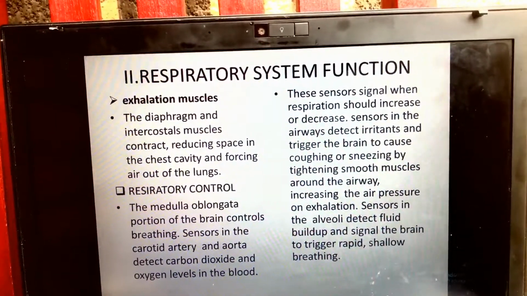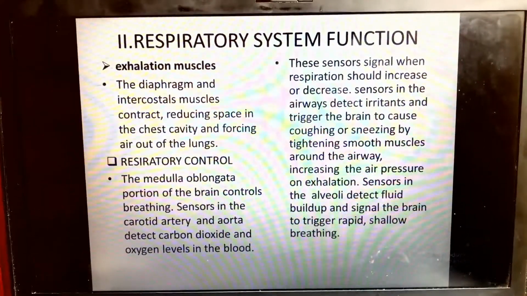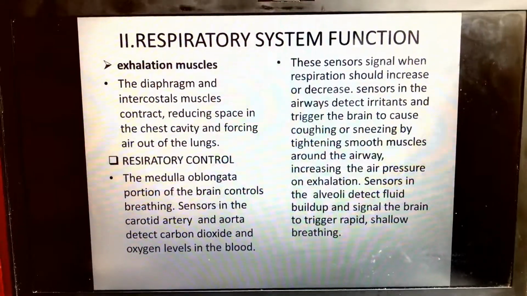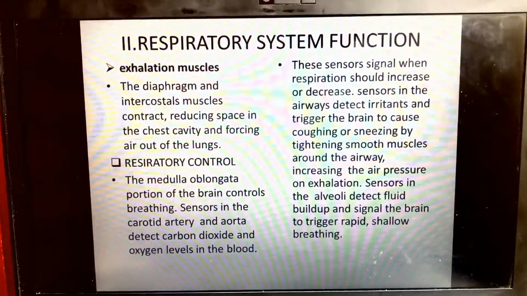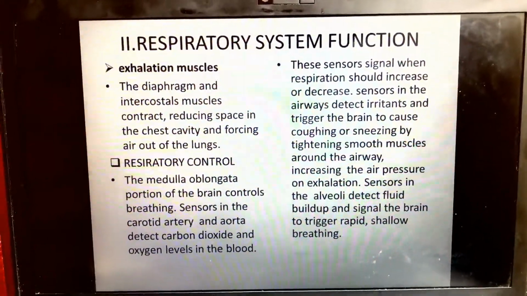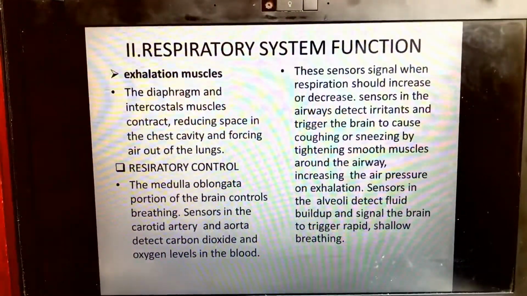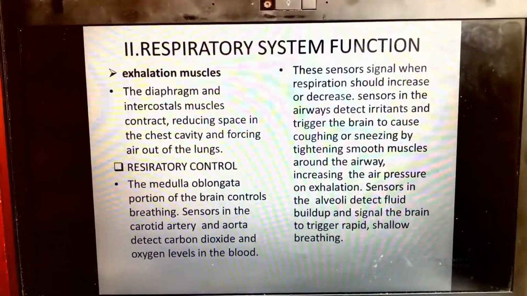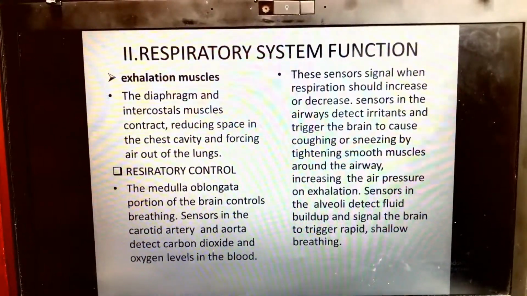While we are reducing the volume of the cavity, we are creating positive pressure in the chest. So when you get positive pressure in the chest, while we are reducing the volume, we increase the pressure. Compared to the atmosphere, the atmosphere will have a negative pressure, so the air will move from the lungs to outside. This is exhalation.